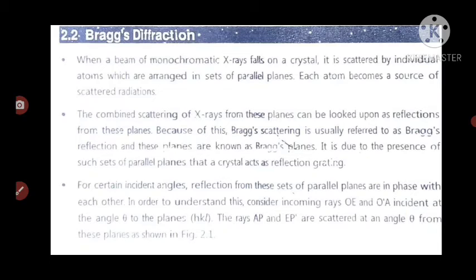What happens there is that the X-rays are scattered by individual atoms arranged in sets of parallel planes, and each atom becomes a source of scattered radiation.